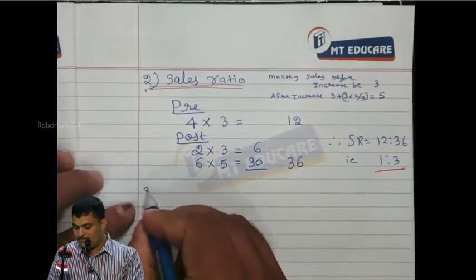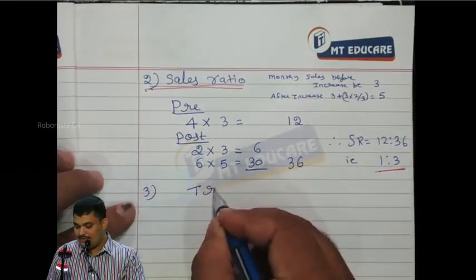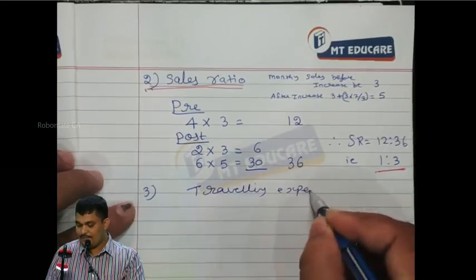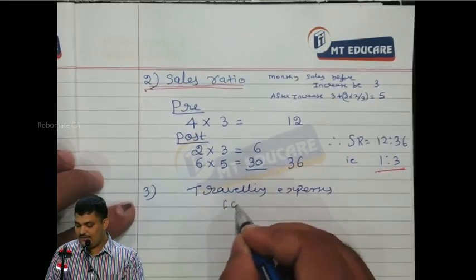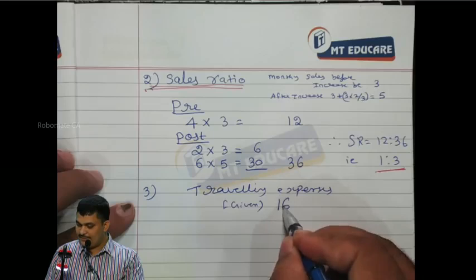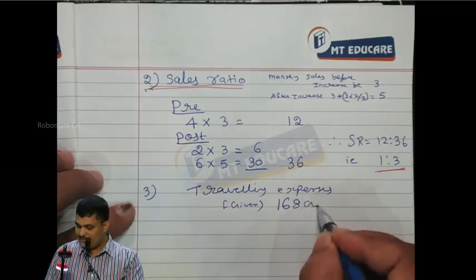Next working note is for traveling expenses. Given how much? 16,800.